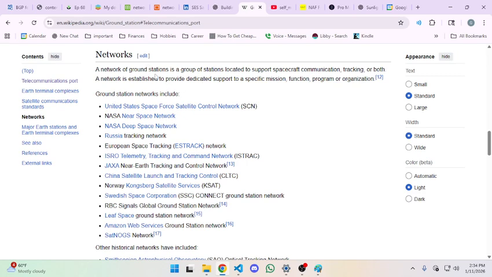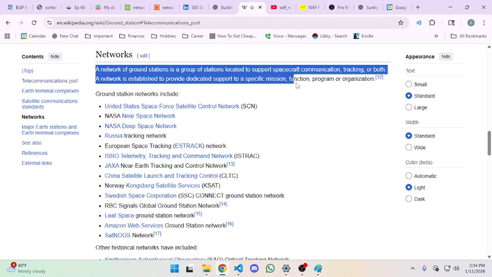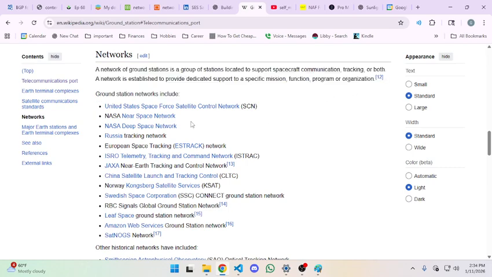Okay, here are some ground station networks. A network of ground stations is a group of stations located to support spacecraft communication, tracking, or both. A network is established to provide dedicated support to a specific mission, function, program, or organization.